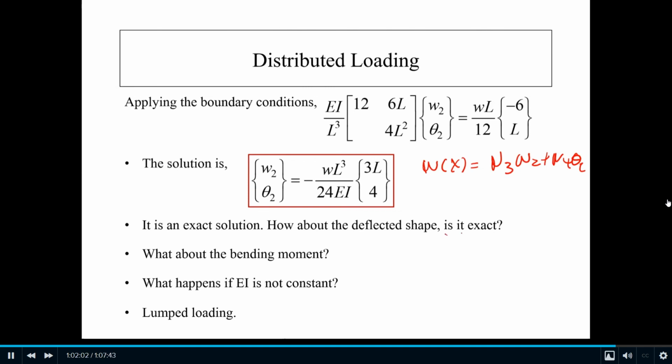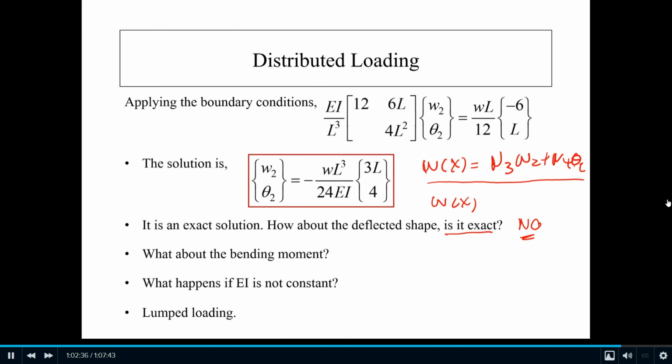The question is, is it exact? Exact means whether you would get this from the analytical solution by solving the beam equation. I can tell you the answer is no, because the shape from FEM is approximated by a cubic equation.